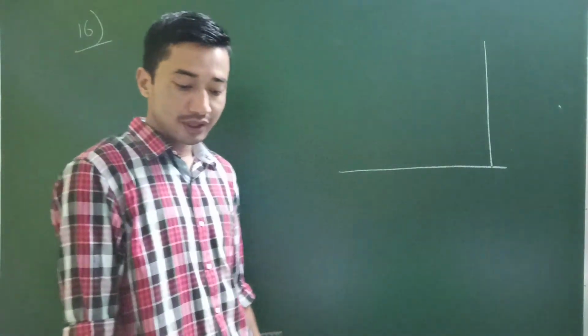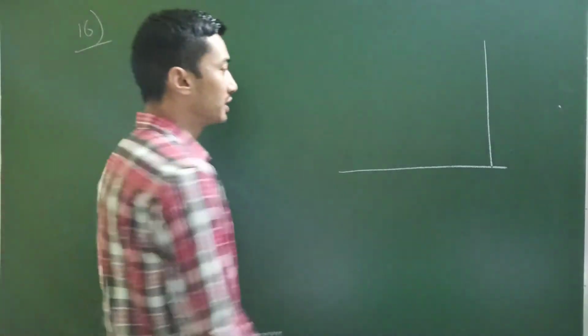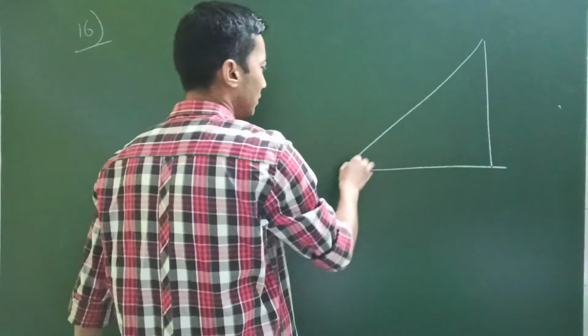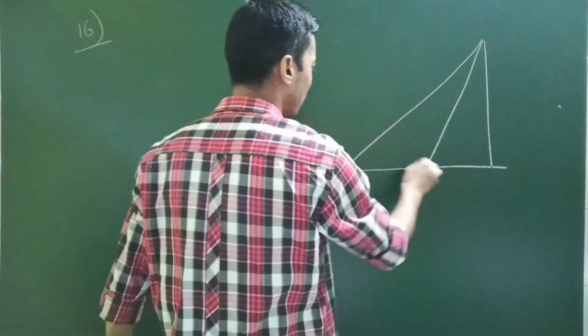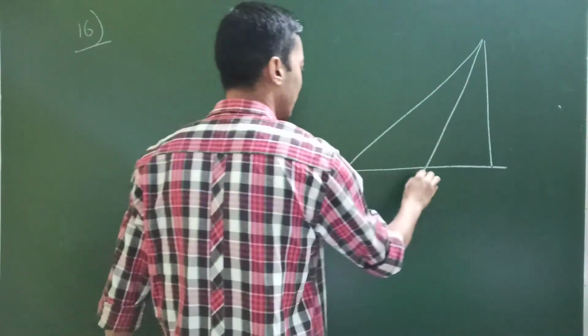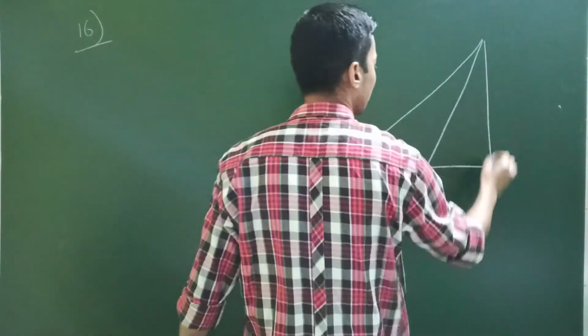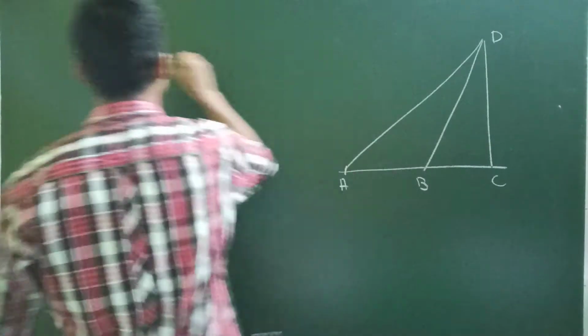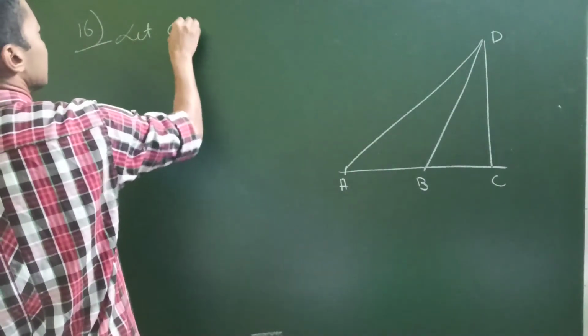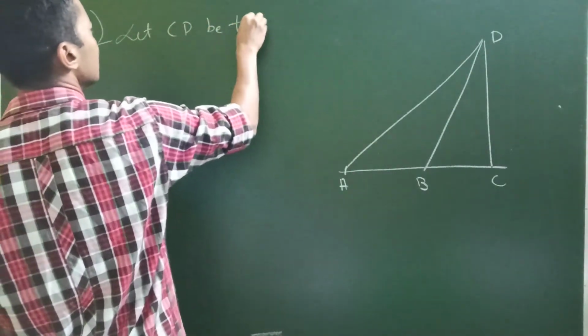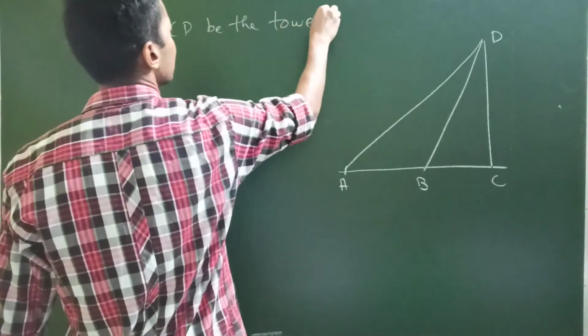The angles of elevation of the top of a tower from 2 points, from the point A and from the point B. Let CD be the tower.